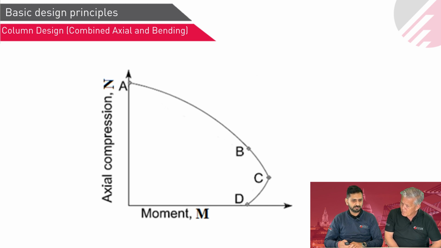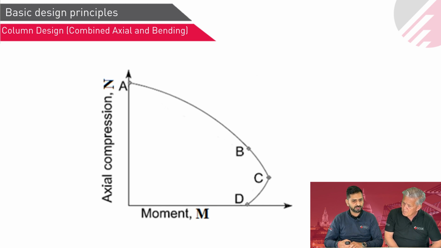This slide shows an NM interaction diagram for a column. When you confine the concrete it becomes stronger, so your interaction diagram, or this curve, will shift outwards, so your moment and axial force would fall inside the curve. That is an indirect way to strengthen a column for combined bending and axial effect.